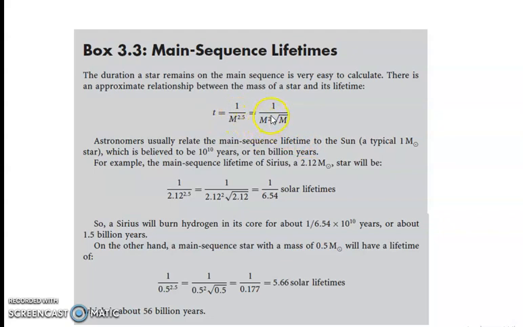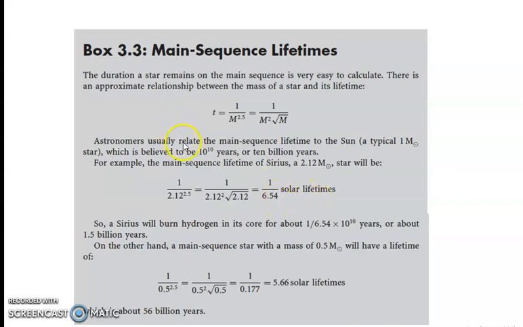അപ്പോൾ സണ്ണിന്റെ കേസിൽ m 1 ആണ്, and T is of the order of 10 to the power 10 years, 10 billion years ആണ്. And therefore for Sirius, having a mass of 2.12 times the mass of the sun, we can find the lifetime as 1 by m raised to 2.5, which is equal to 1 over 6.54 times the solar lifetime.